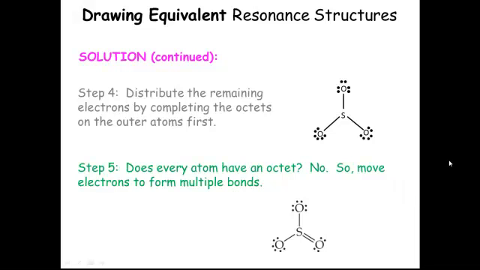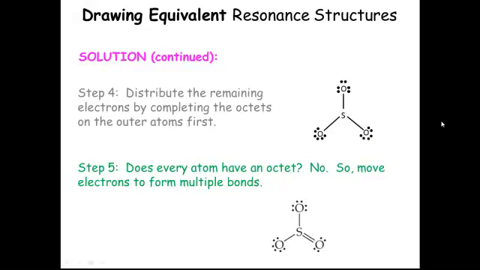Now, when we're talking about equivalent resonance structures, this is the key point. Why did I move this pair of electrons here? Couldn't I have just moved this one instead? Or this one? The bottom line is that there's no reason why I picked this one versus moving a pair from here or here.